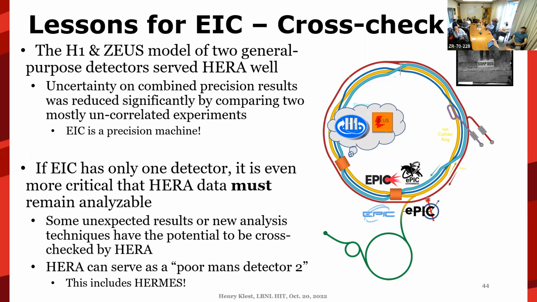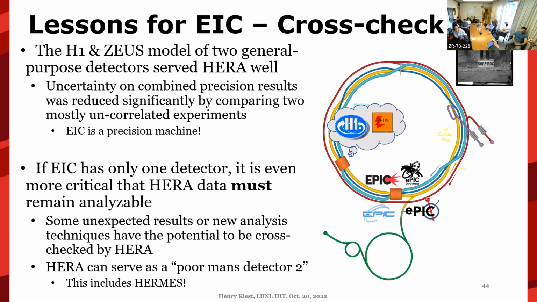And since the EIC is really intended to be a precision machine, and everyone has been preaching this, that's the standard preach, right, that we want two detectors. But from the data preservation side, I think it makes it even more critical that we have the HERA data available to us. If DOE gives us one detector and that's our lot, having HERA data analyzable is almost a poor man's second detector too.